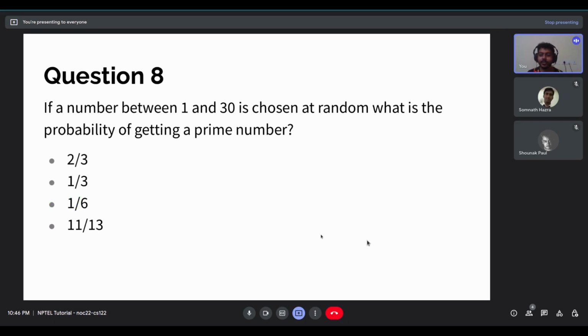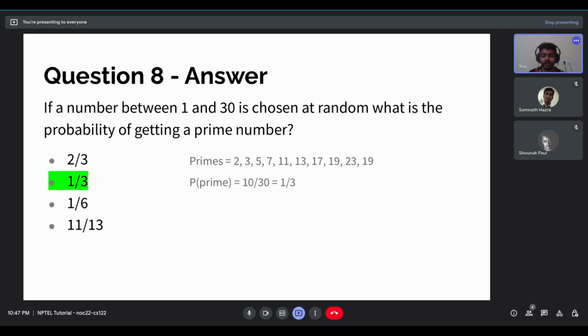And question 8. If a number between 1 and 30 is chosen at random, what is the probability of getting a prime number? Again, a very straightforward question. What we have to do is list the prime numbers between 1 and 30. They are 2, 3, 5, 7, 11, 13, 17, 19, 23 and 29, sorry.